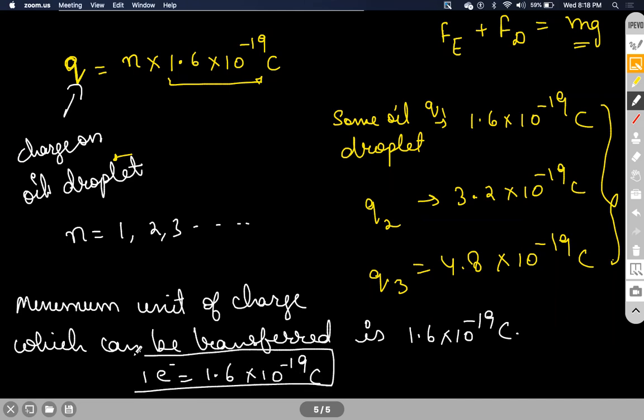Is it clear to everyone? Yes or no? That is how Millikan helped in telling the charge on the electron by his Millikan oil drop experiment.